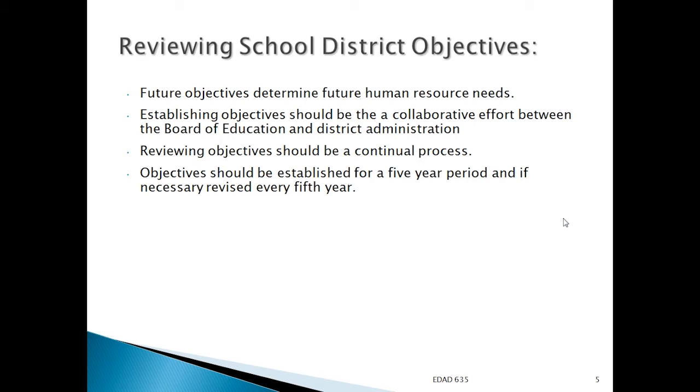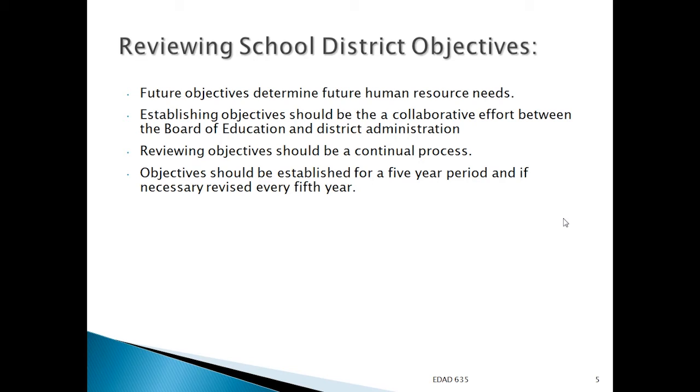If you take a look at the last portion of the slide, they talk about a 5-year period, and 5-year plans are always something that are articulated by strategic planners. As a person who spent a lot of time in the field, I would caution you again that 5-year plans are good, but your planning should be occurring all the time.